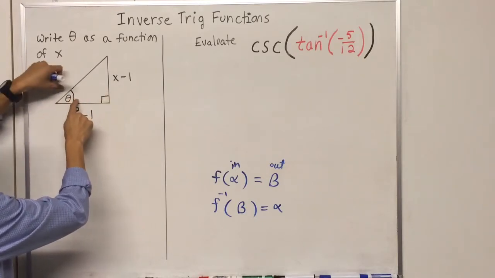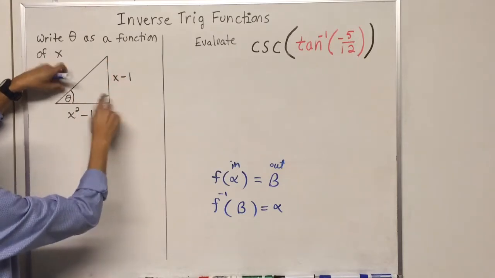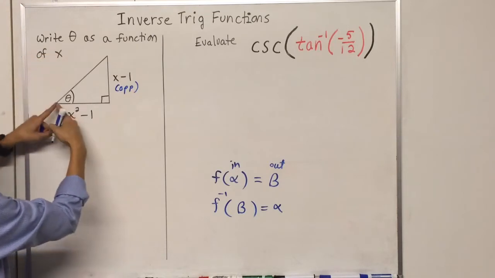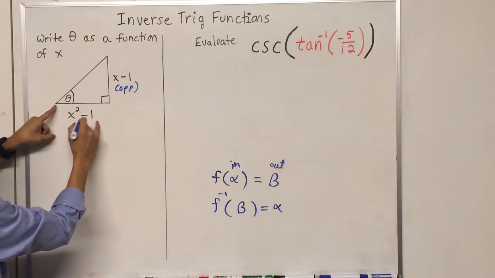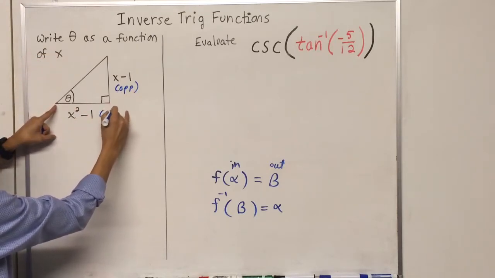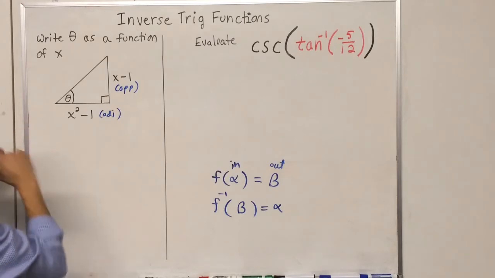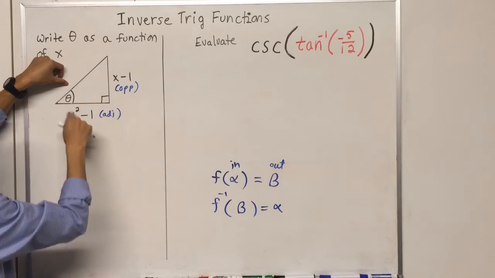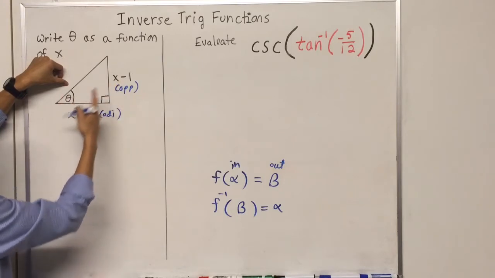If this is angle theta, then this is the opposite side, and this side here would be the adjacent. Okay? So we could relate these three together by using the tangent function.